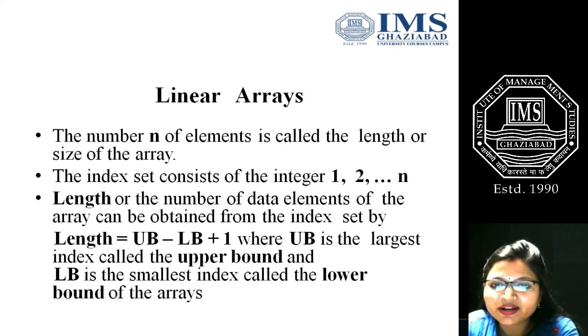If you want to find the length of an array, the formula is upper bound minus lower bound plus 1, where upper bound is the largest index, means the index of the last element in the array. Lower bound is the smallest index, means the index of the first element in the array.